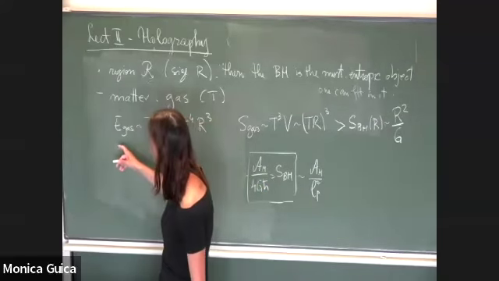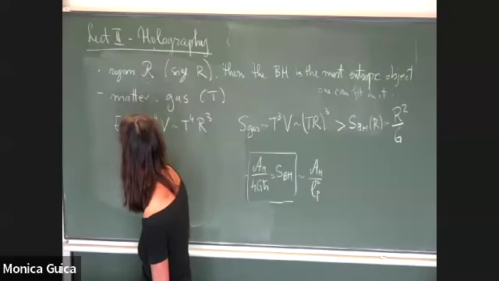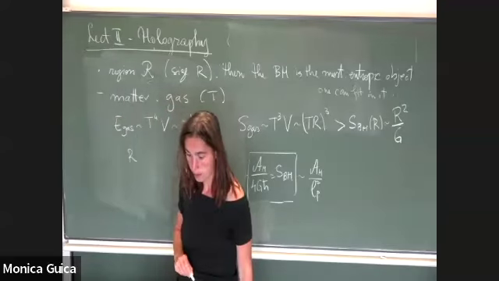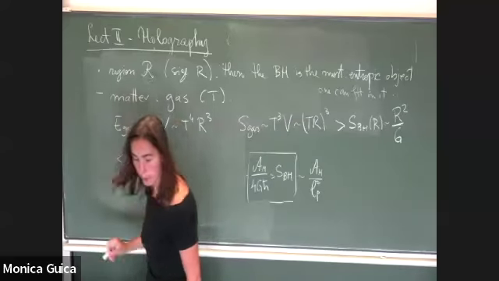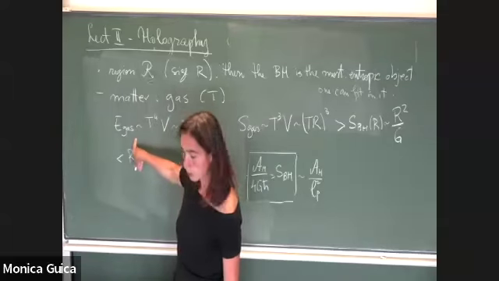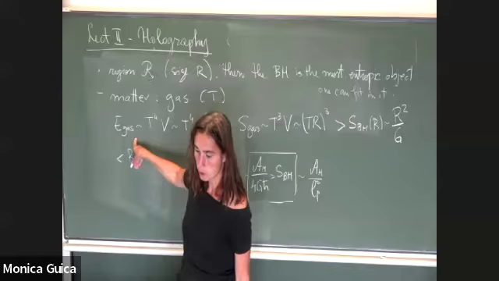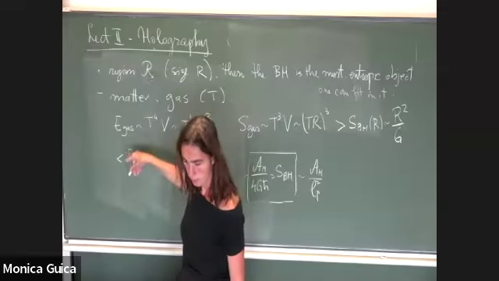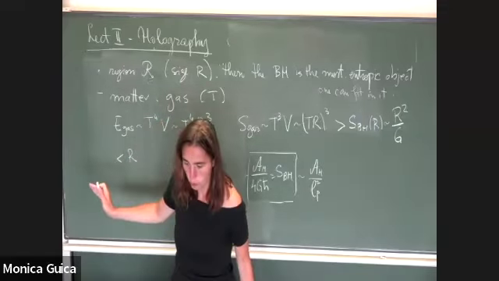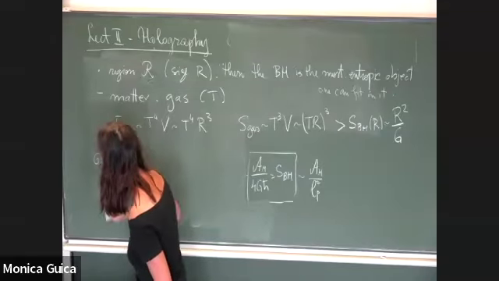The condition for the gas to not undergo gravitational collapse is that the size r be larger than the Schwarzschild radius of the gas associated to this energy, which is how much? What's the Schwarzschild radius of the gas of energy? 2GM. Very good. I'm going to set 2 equal to 1, so it's just G times T gas. Okay?